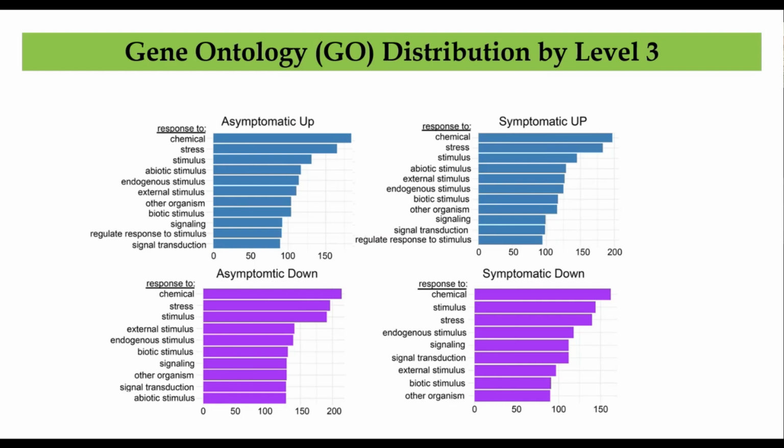Even though we did not see a difference in terms of the terms or category or group, we see the number of genes is actually different across the category and tissue as well. You can see here the response to chemicals, the number of genes is actually different in each category.